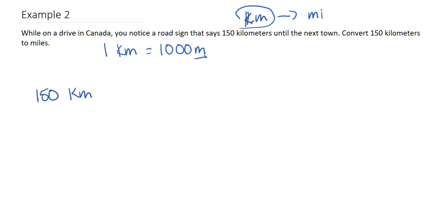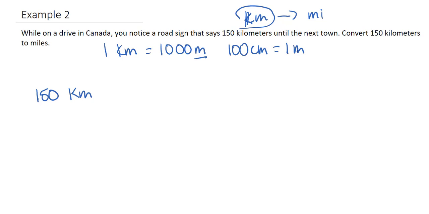So now we have meters. What else do we know? We know 100 centimeters is equal to 1 meter. Centimeters are a much smaller unit than meters, so 100 centimeters is equal to 1 meter. Why did I go to centimeters?